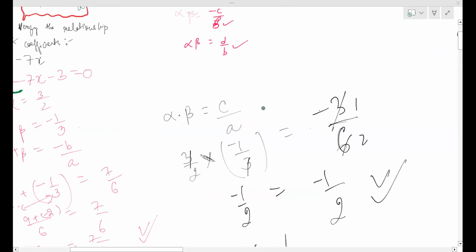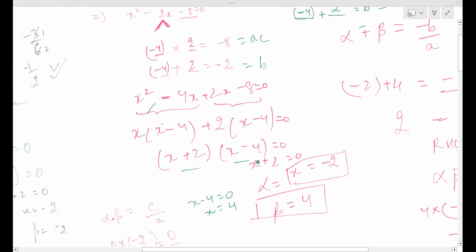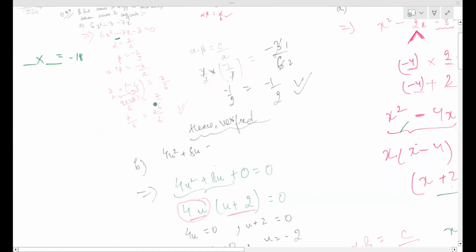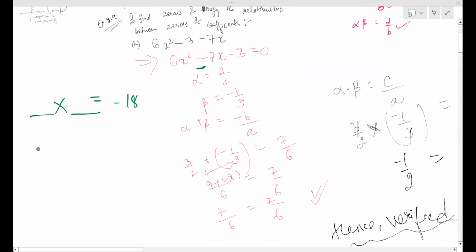I have done it already and explained it as well. I am going to give you a hint for this, but you have to attempt it yourself. At least this part. Else, how would you learn? The middle term is minus 7. So give me any two numbers which after multiplying give me minus 18, and after getting added give me minus 7.